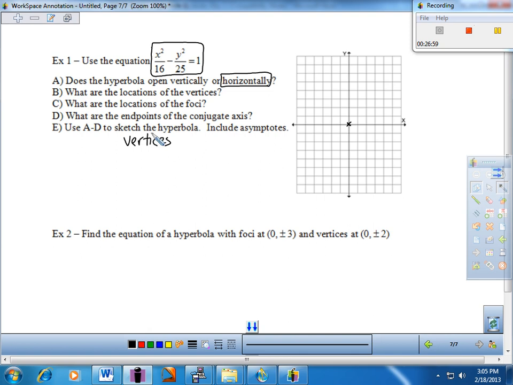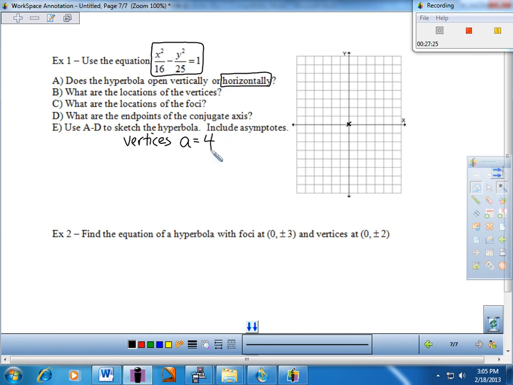So as soon as I hear the word vertices, I'm thinking A. Now in this case, remember the vertices go in the direction of the open. Always have, always will. So it opens horizontally, and so in this case, we kind of look to the horizontal piece. That's why A is always out in front, no matter which is bigger, which is smaller, doesn't matter. A is out in front.